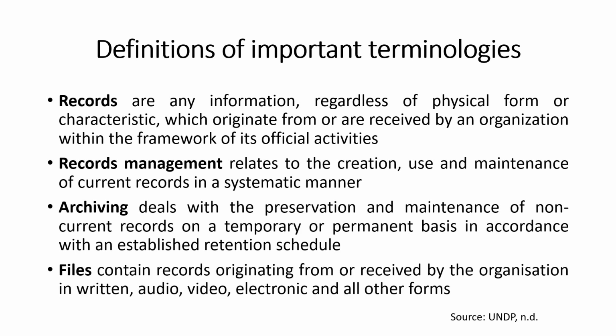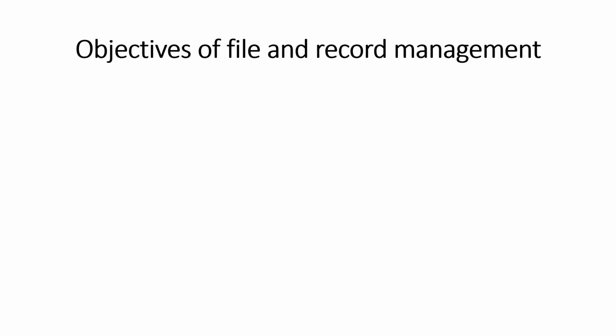Files contain records originating from or received by the organization in written, audio, video, electronic, and all other forms. The object of proper files management is to be able to find the record officials need quickly and economically, regardless of its formats.